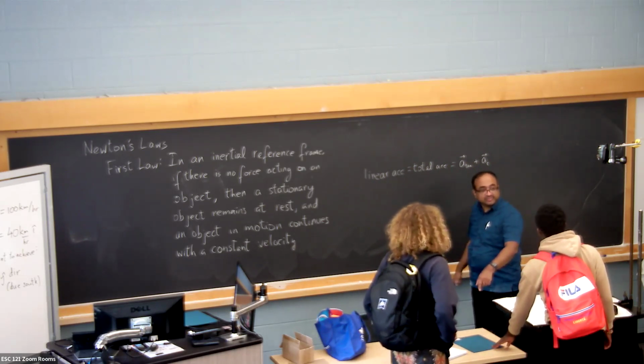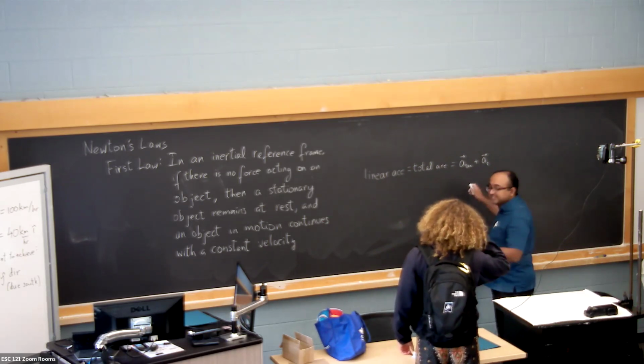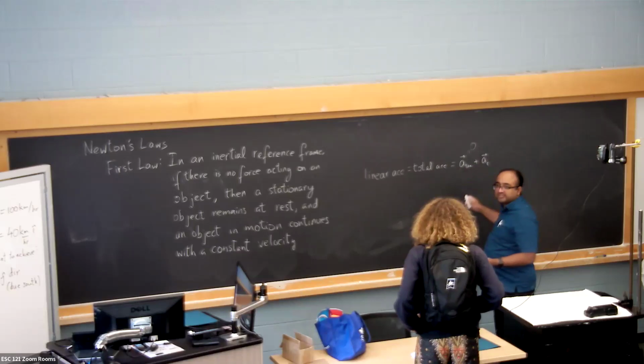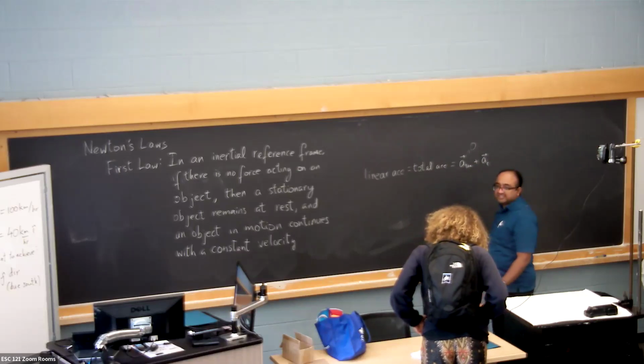Oh, this is the homework 3 submission. Okay, thank you. And yes, in this problem you can assume there's no tangential acceleration because it's constant speed. So the total acceleration, or linear acceleration, is just the centripetal acceleration.